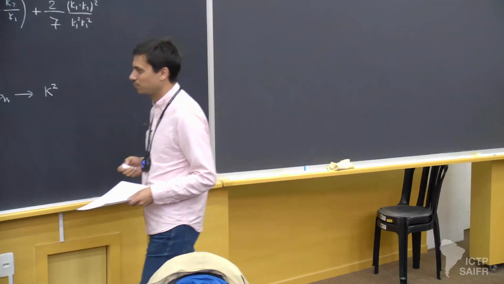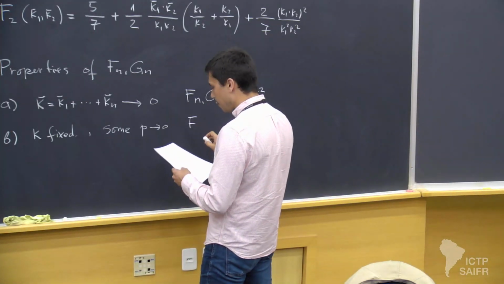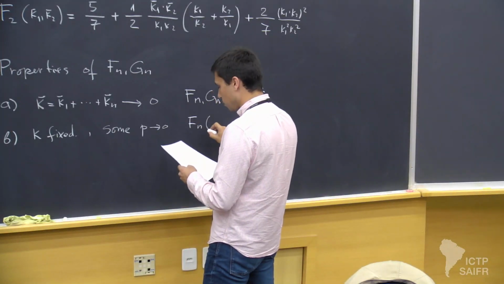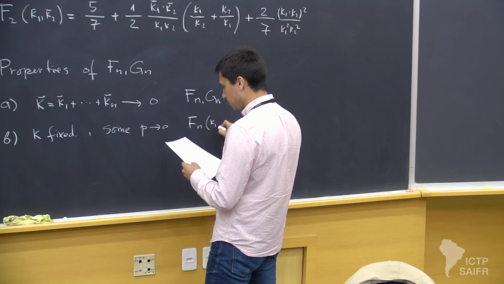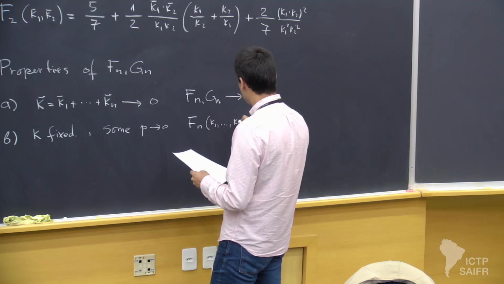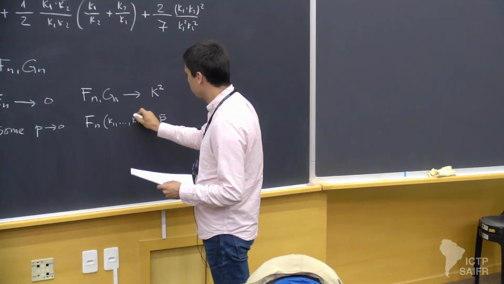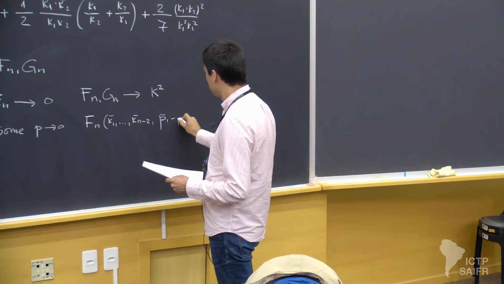So the kernels Fn look like this: there is k1, up to kn minus 2, and there will be p and minus p.